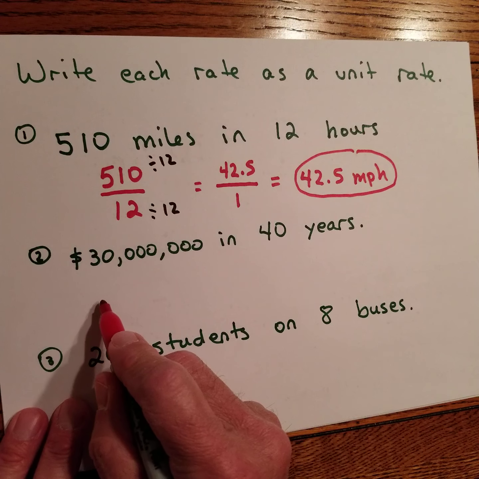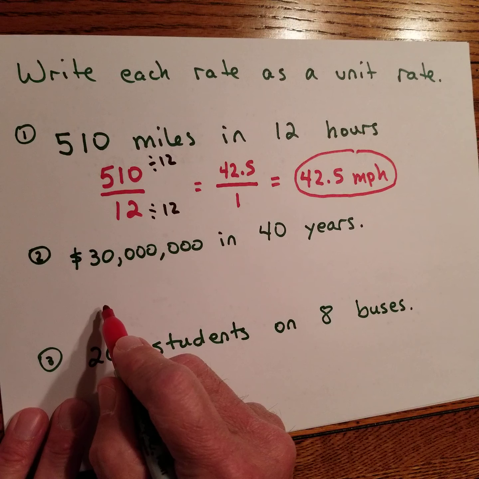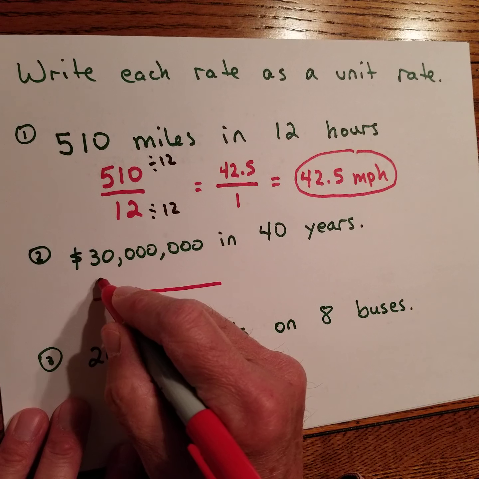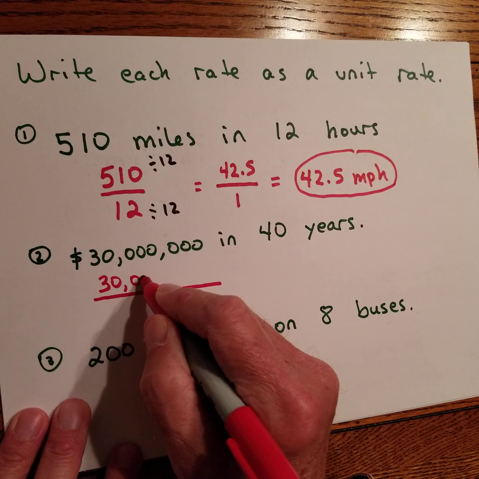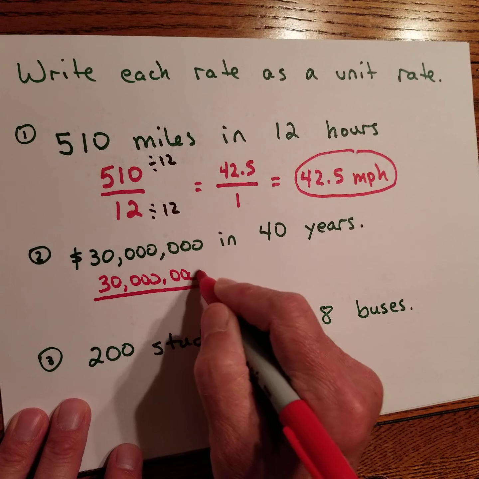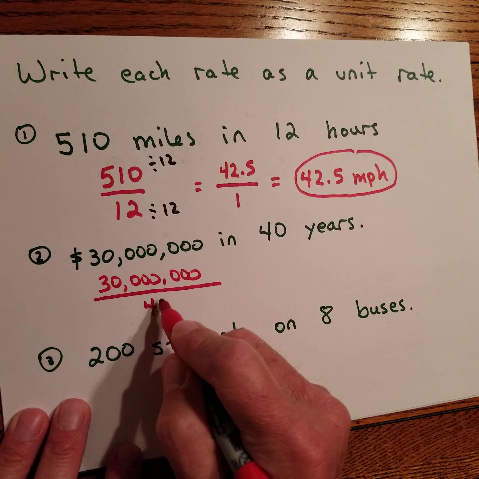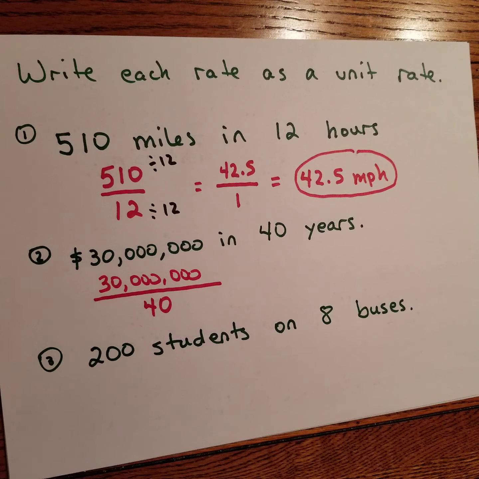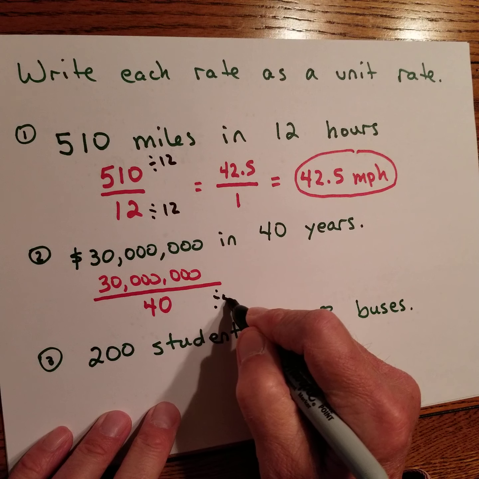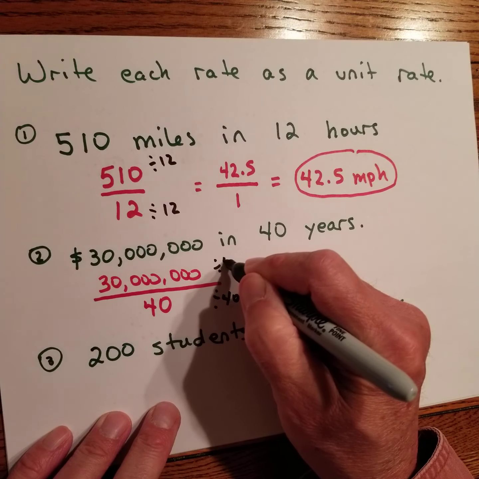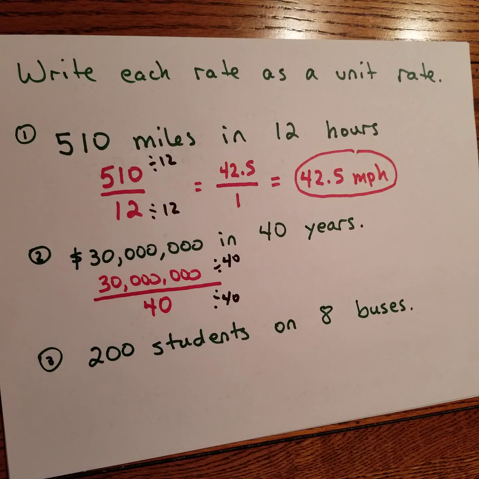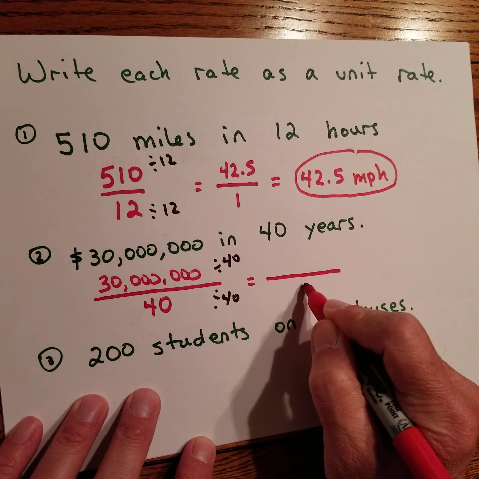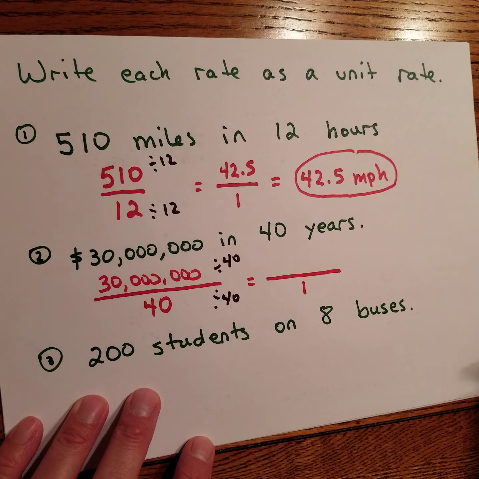Number 2, $30 million in 40 years. Let's write that as a ratio, 30 million compared to 40 years. Now change that into a unit rate. 40 divided by 40 is 1.